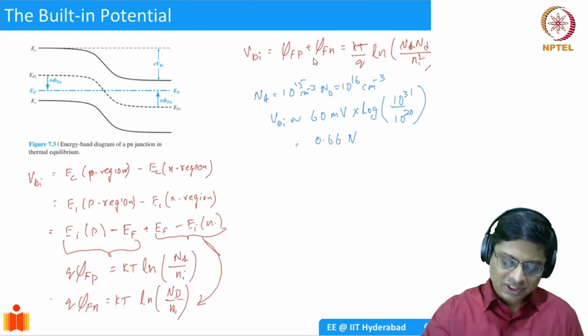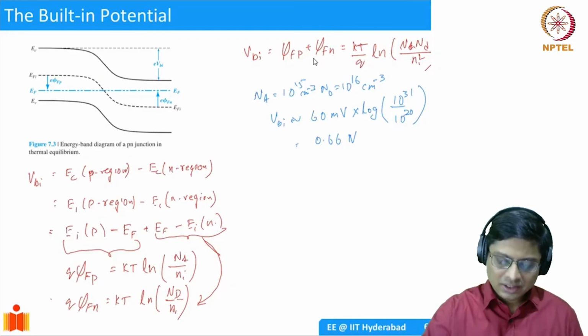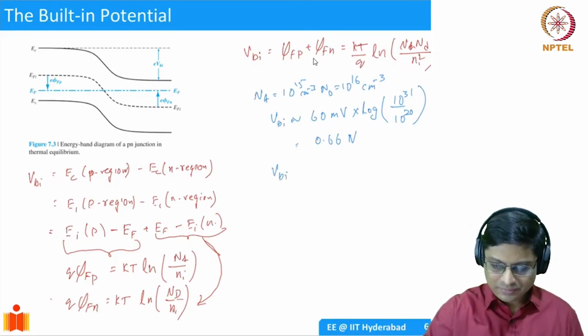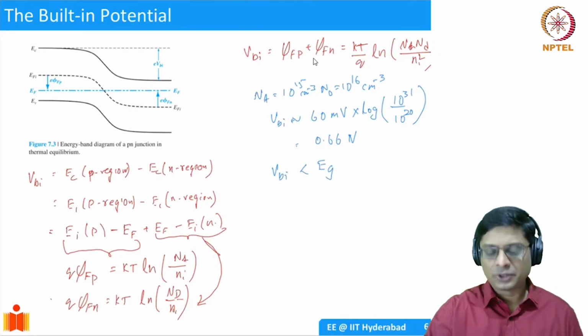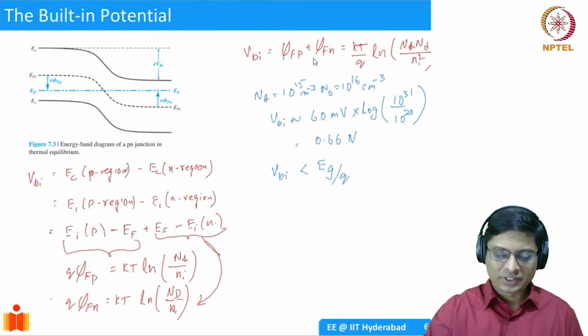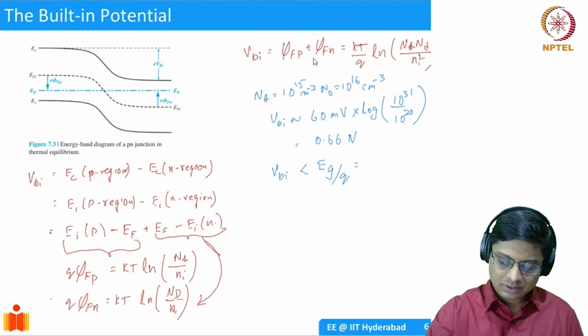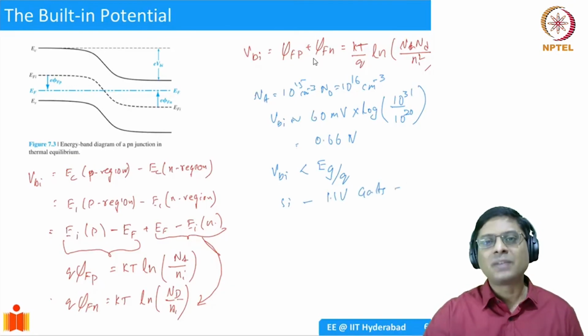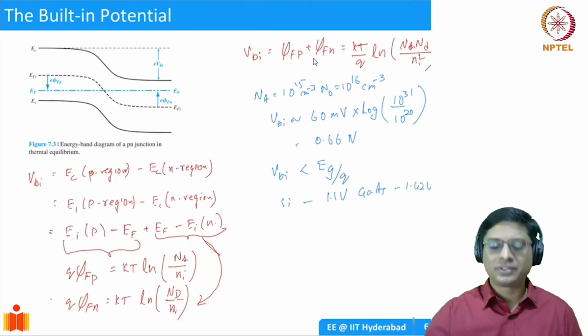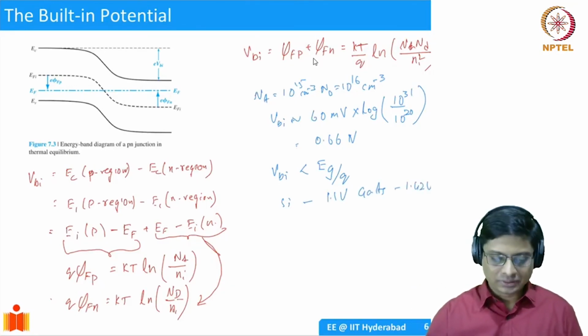So it turns out that VBI is always going to be less than EG. In terms of voltages, it's going to be EG by q. For silicon, 1.1 eV, so 1.1 volts. For gallium arsenide, it is going to be 1.42 volts. So the band gap creates an upper limit for your built-in potential.